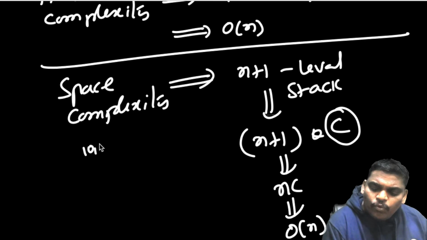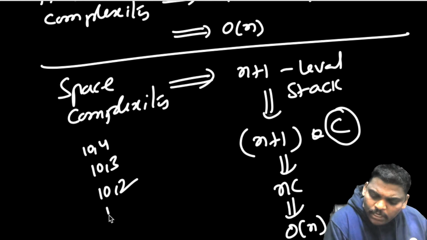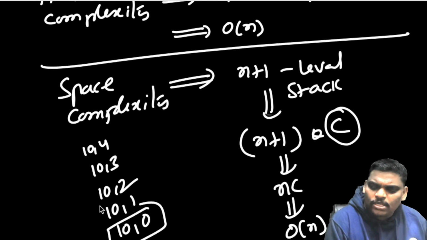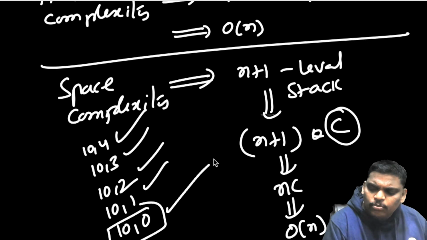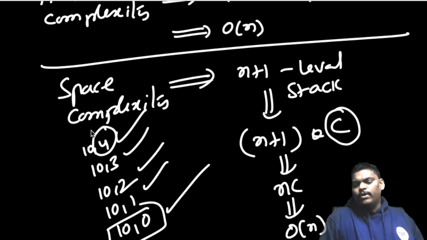Multiplication of 10 comma 4 is called, then it becomes 10 comma 3, 10 comma 2, 10 comma 1, 10 comma 0, where 0 is the termination. Totally approximately 5 when n value 4 is given. So n plus 1 level stack. One stack unit takes constant space, so n plus 1 into constant, finally nc, which is nothing but order of n.